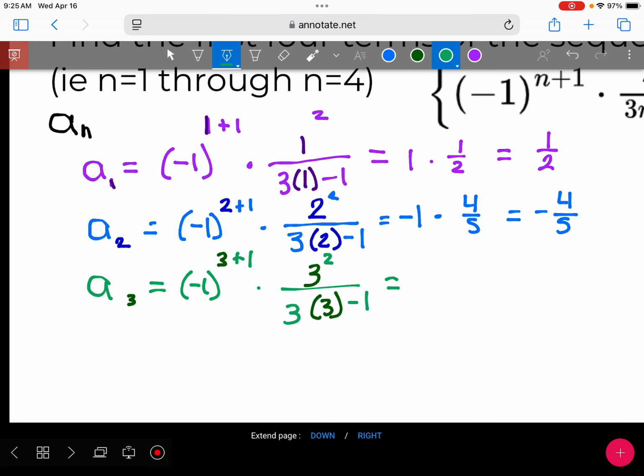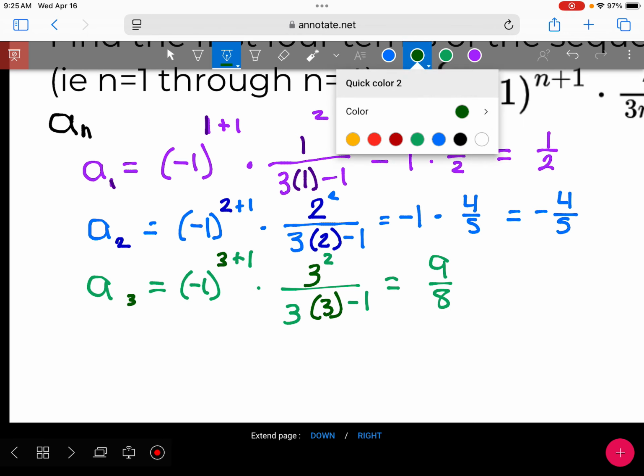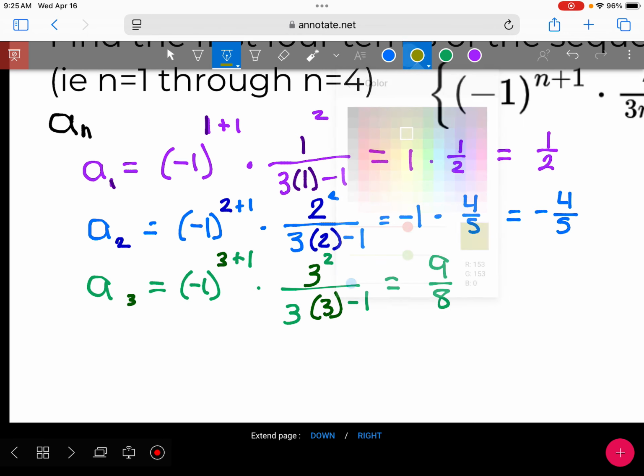What do we get for a sub 3? 9/8. Okay, and then do a sub 4.